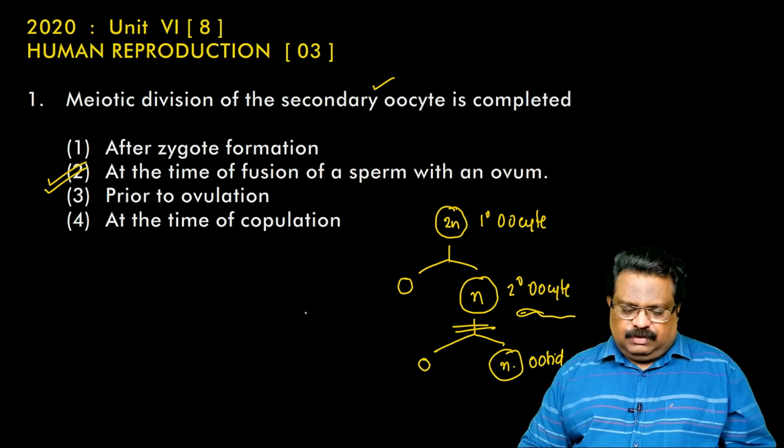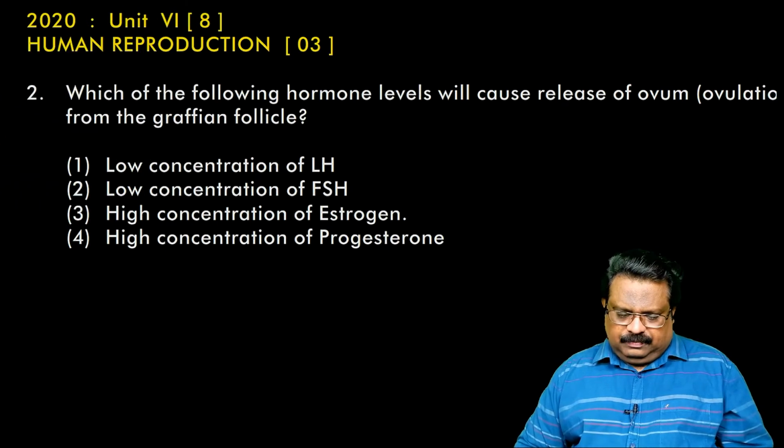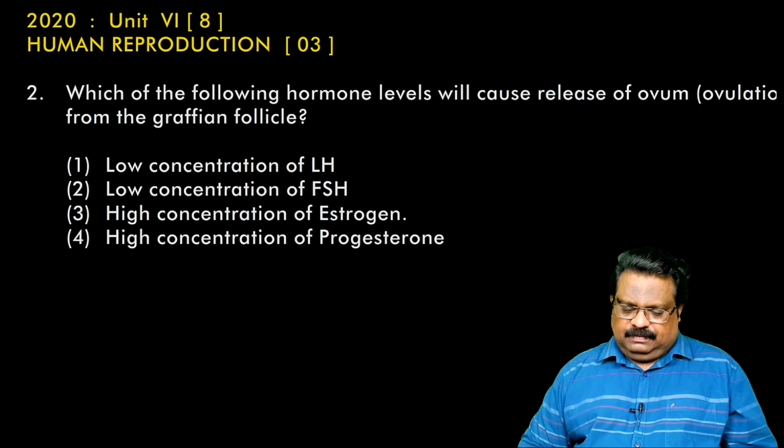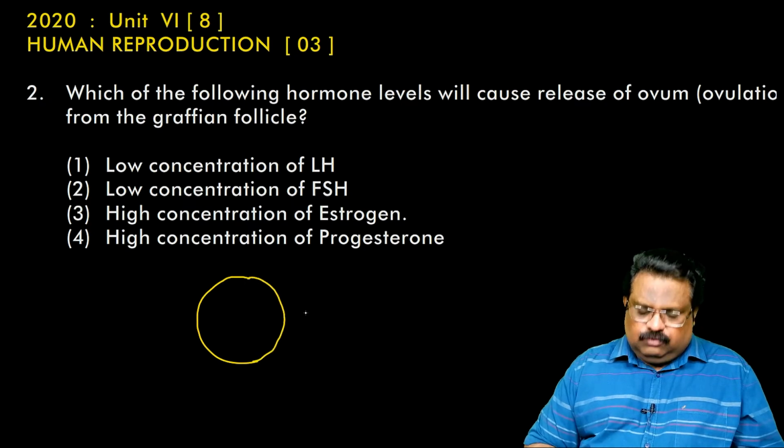Now the second question from human reproduction is regarding hormonal control. Which of the following hormone levels will cause a release of ovum, that is ovulation, from the Graafian follicle? Suppose this is a Graafian follicle, the fully mature follicle.